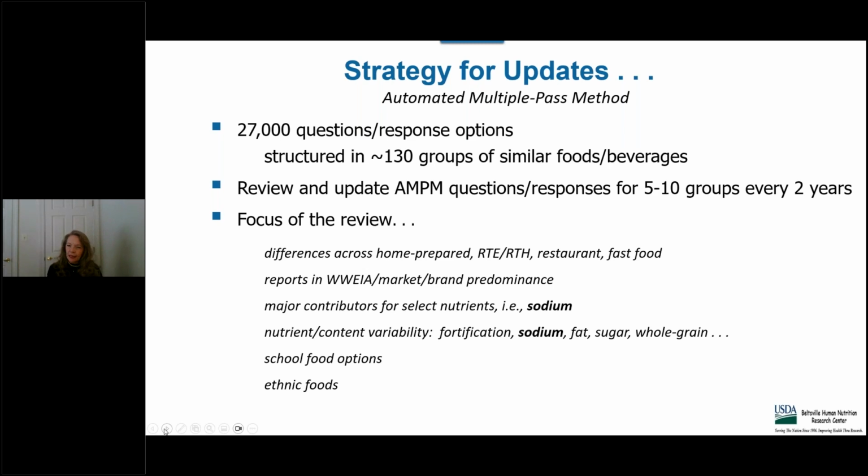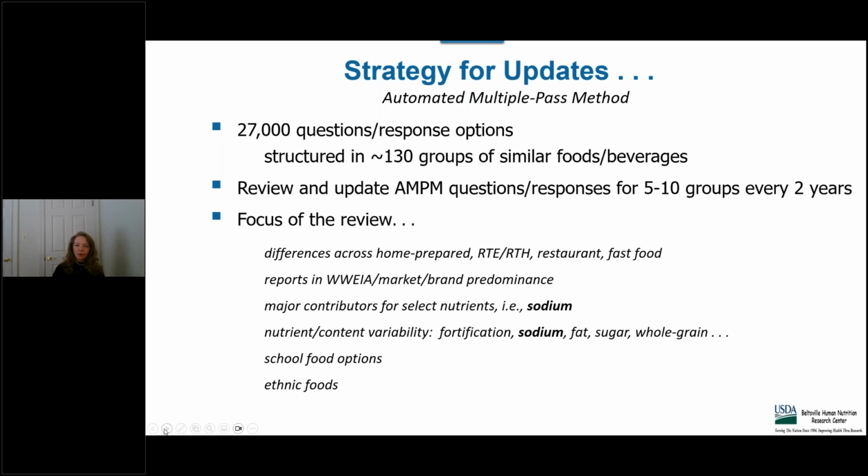We review and update the questions and the response options between about 5 to 10 of these groups every 2 years. We focus these reviews on a number of things, and I've shared with you here on the screen some of the more prominent things we look for as we're reviewing a category and the questions that we ask, as well as the database.